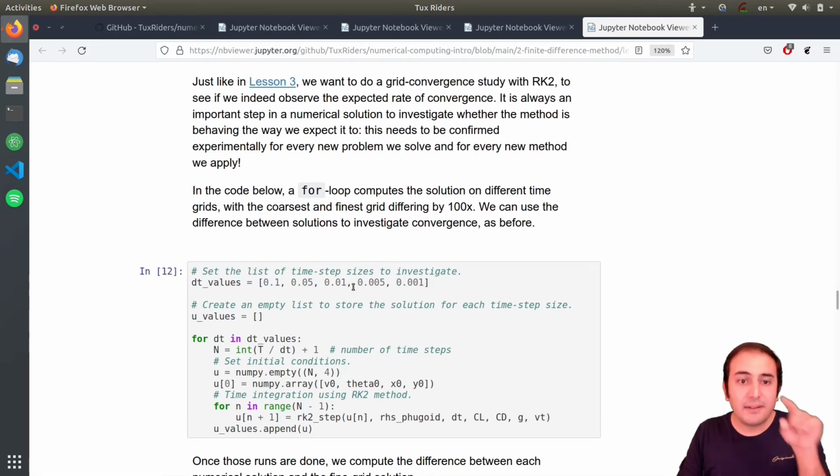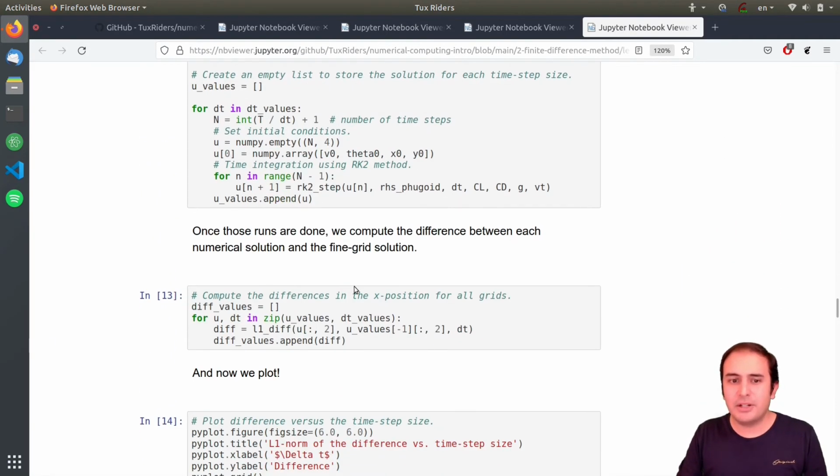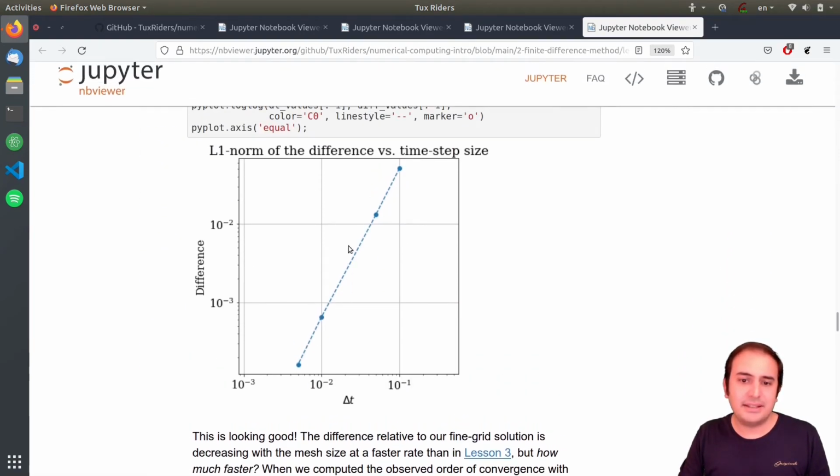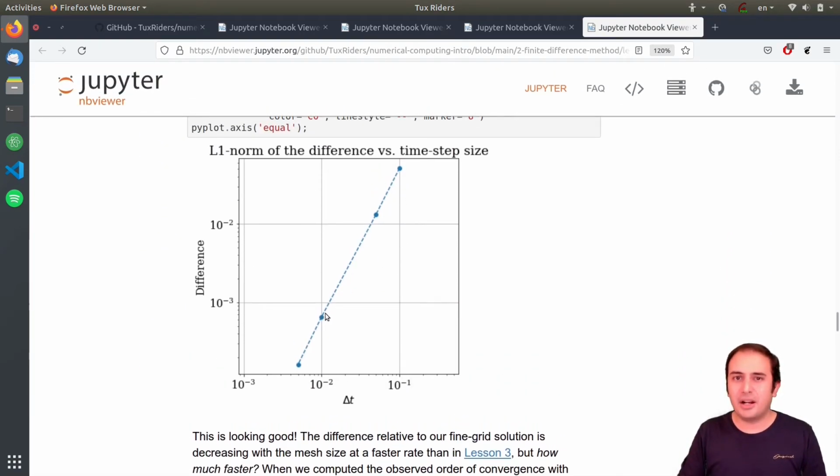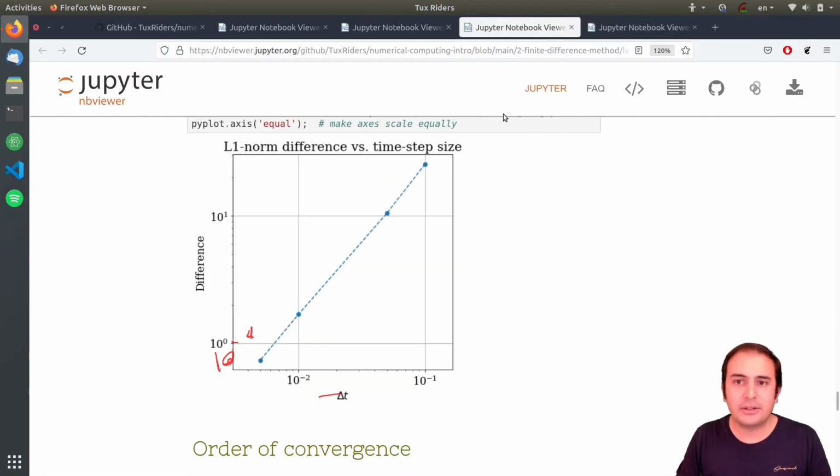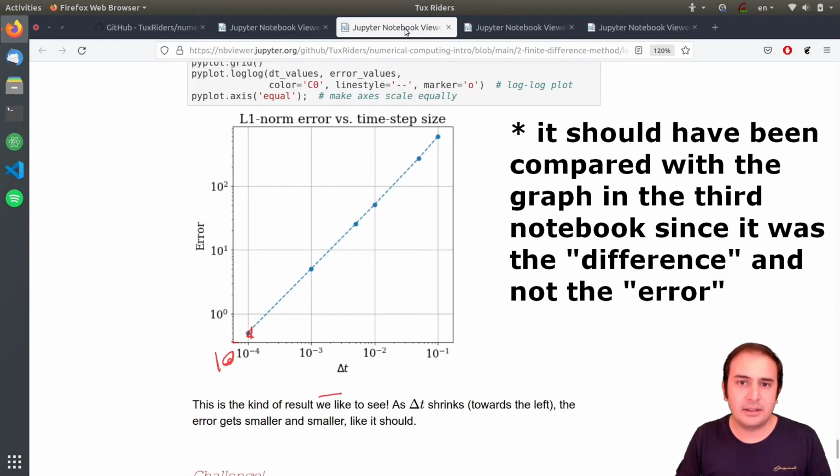But the thing is, for the grid convergence study, we see this kind of curve that shows us, you can see here, that with this order of delta t, we have an error in the order of 10 to the minus 4. And then I just go back to the previous notebook for the grid convergence, it was here.